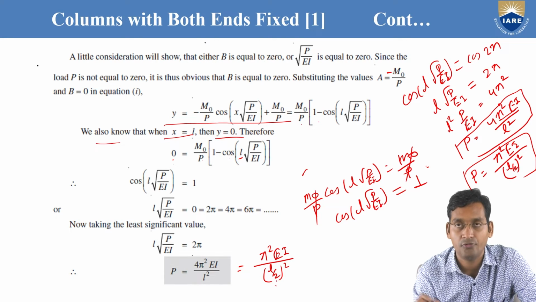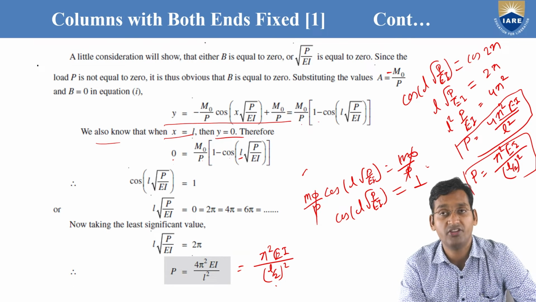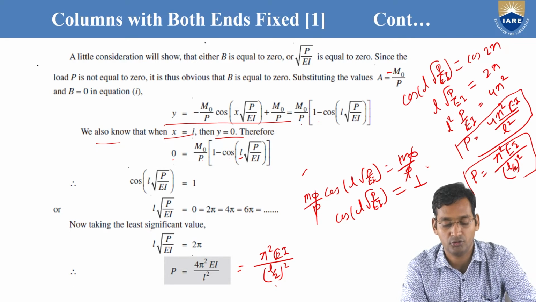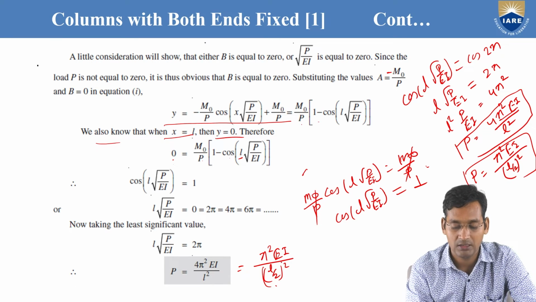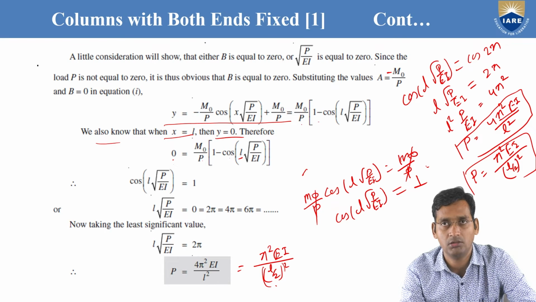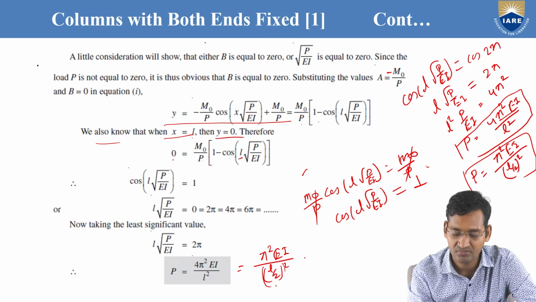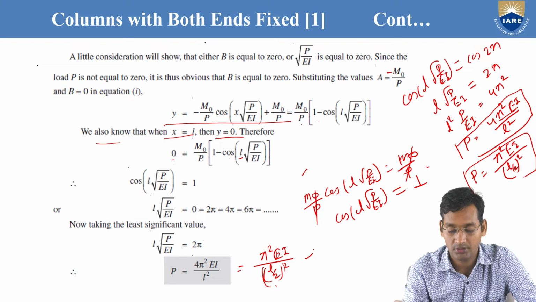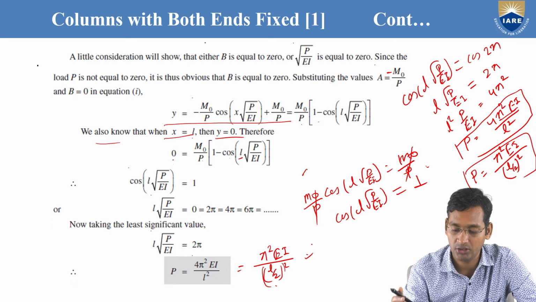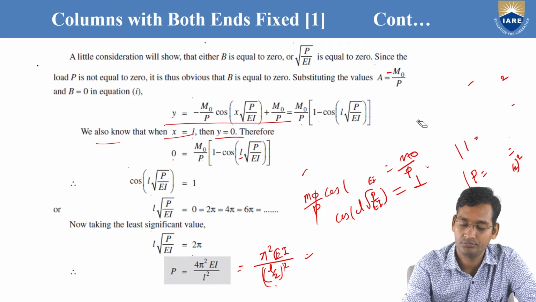I will tell you later why I wrote it like this, when we see the column's Euler's equivalent length. In that case we will compare all the conditions with one single value. There we can replace the crippling load or the Euler length value according to this one. So we will see that later, in the next video. So again, I am quickly recalling this same derivation.